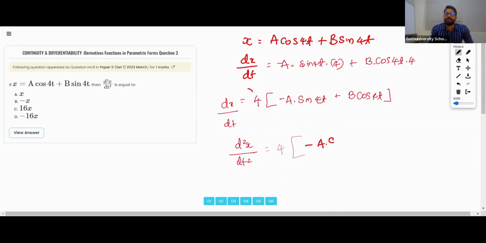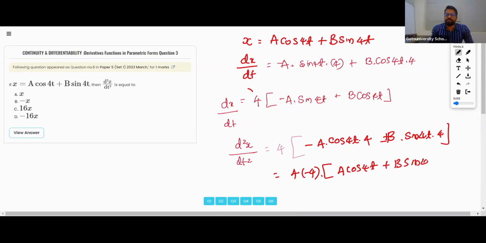Minus a cos 4t into 4 plus again minus b into sine 4t into 4. See how this is giving you the function back, right? I'll take 4 as well as minus 4 outside. I end up with the given function a cos 4t plus b sine 4t.